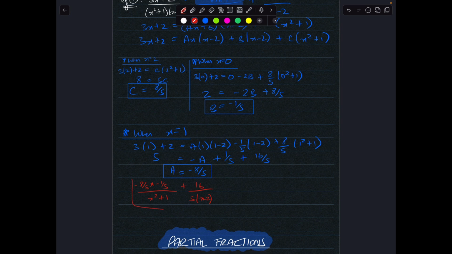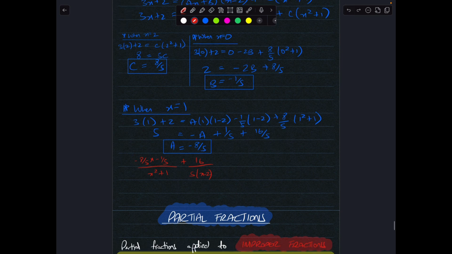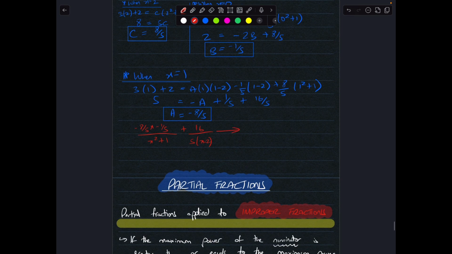And appreciate the fact I can further simplify. Take minus 1 common to the numerator and take 5 to the denominator. So I have something like this. This is my final answer.